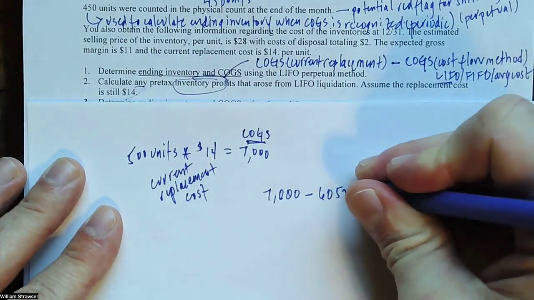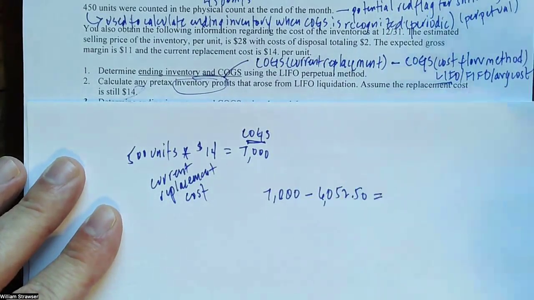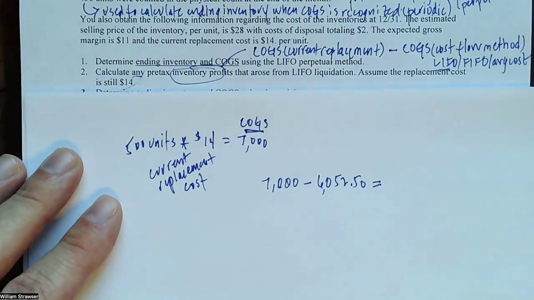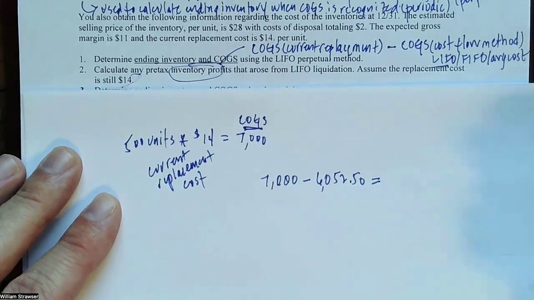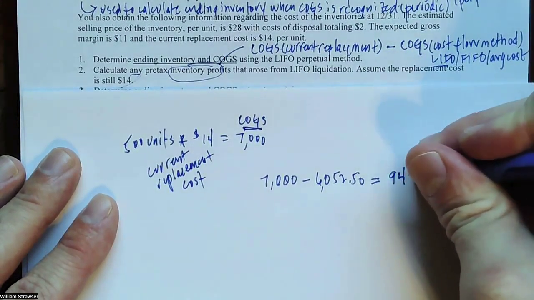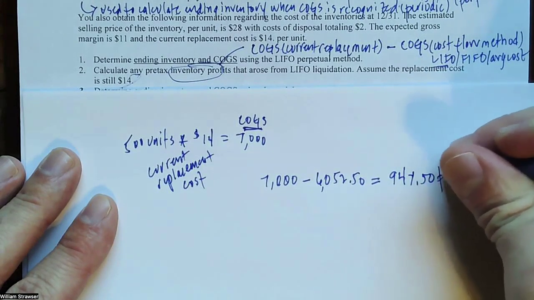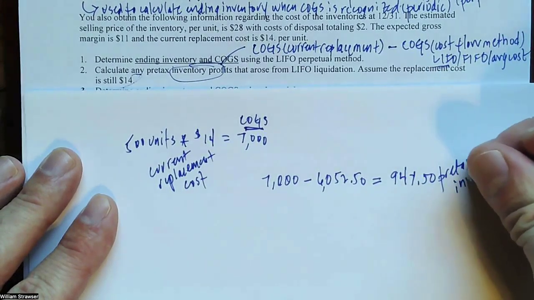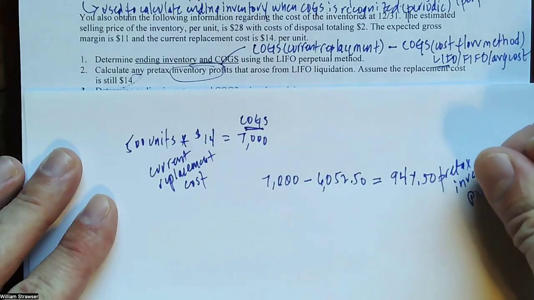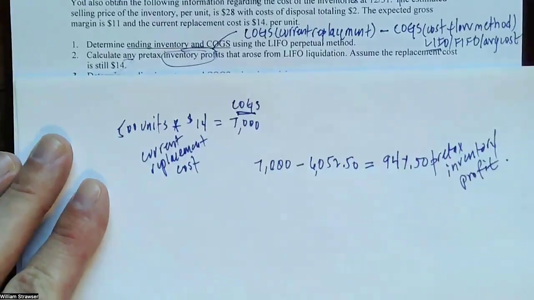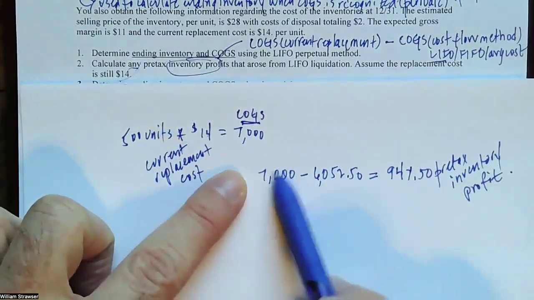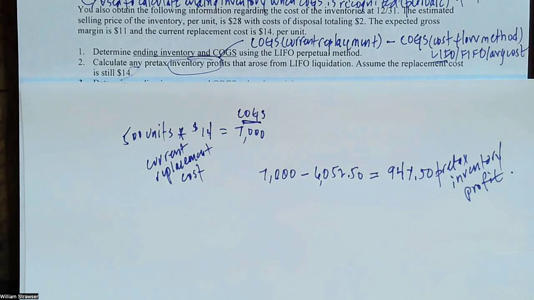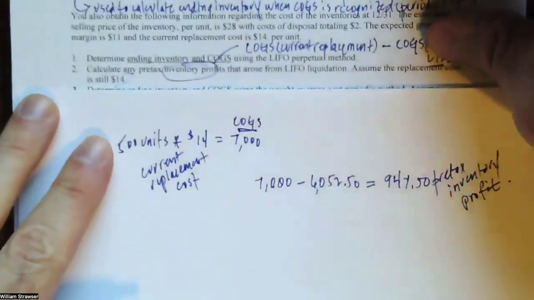So clearly our answer to number one affects how we're going to calculate this when we're comparing it against LIFO COGS. $947.50 of pre-tax inventory profit. Right? Because if we were able to sell at this, we would have increased cost of goods sold by that amount and then had some tax shelter. But right, we had a little bit of an issue with our LIFO liquidation.